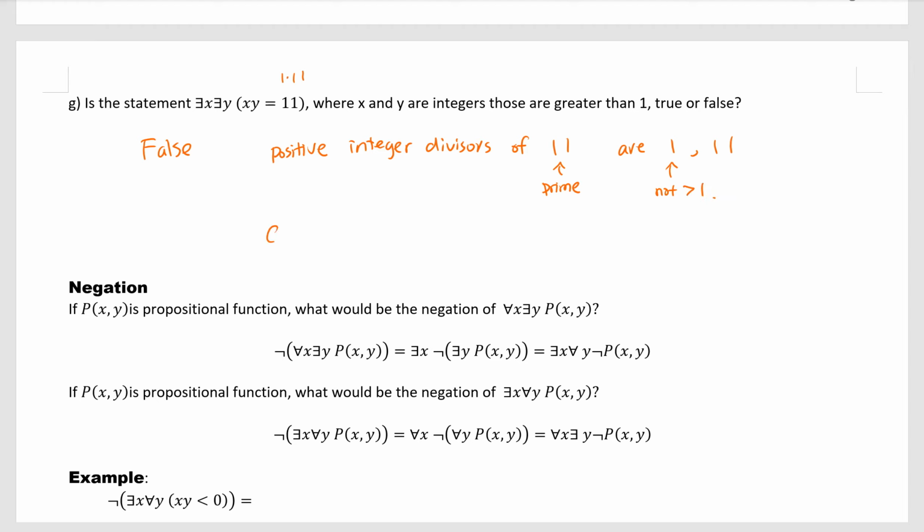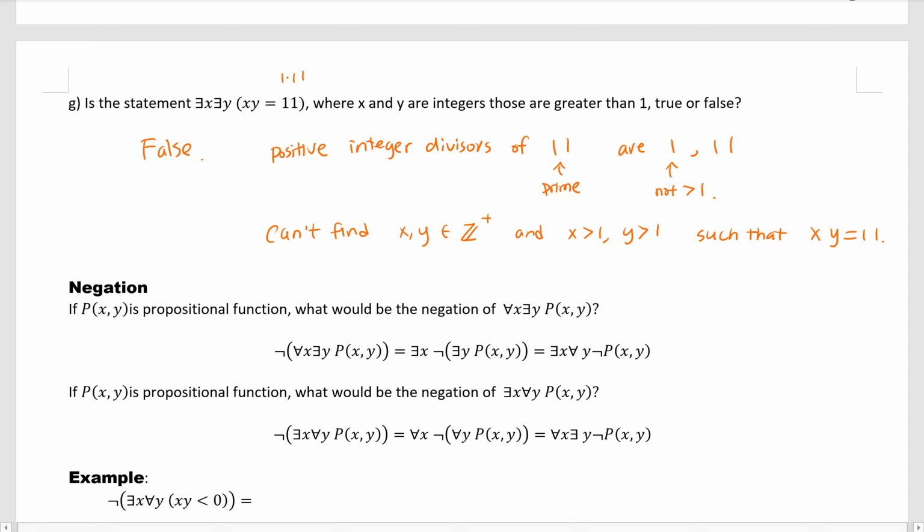So we can't find, because those are the only positive integer divisors, 1 and 11, and if they don't work, then we don't have other choices. So we can't find x and y positive integers with x greater than 1, y greater than 1, such that x times y equals 11. So that's why this statement is false.